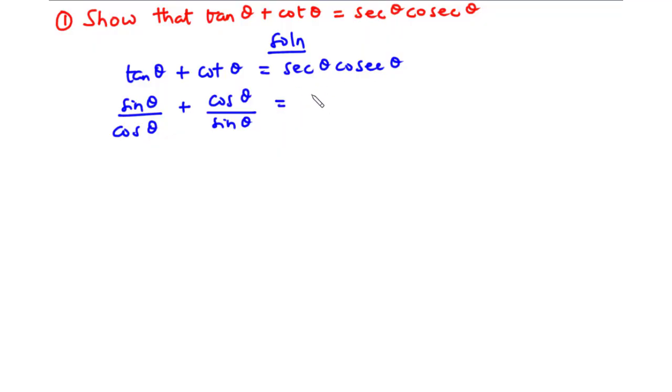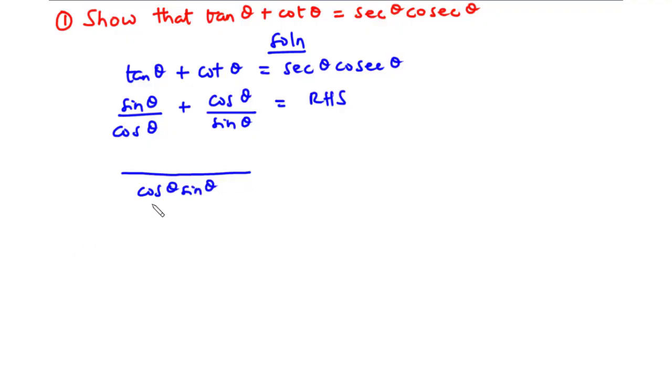So we can't be writing this all the time, so we just write is equal to the right hand side. Now we are going to find LCM. We are going to find the LCM between cos theta and sin theta. So the LCM between the two is cos theta times sin theta.